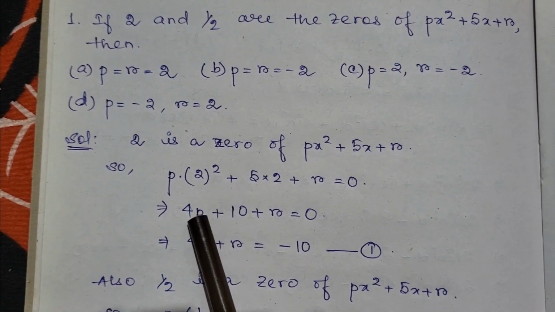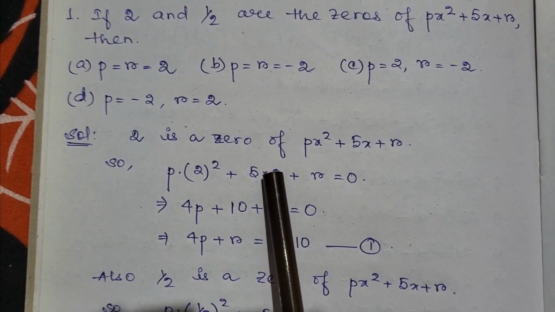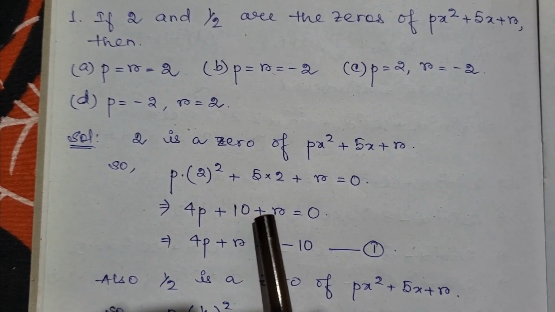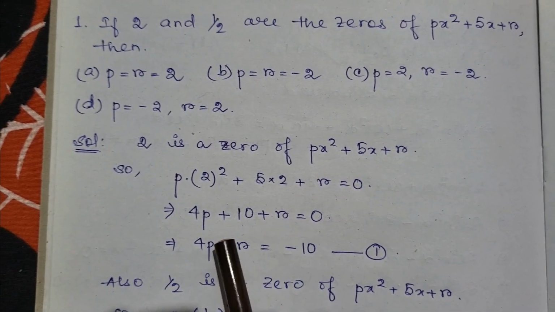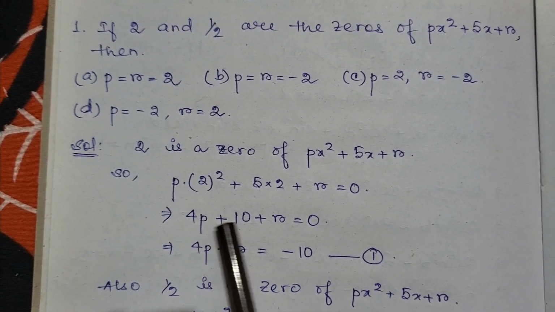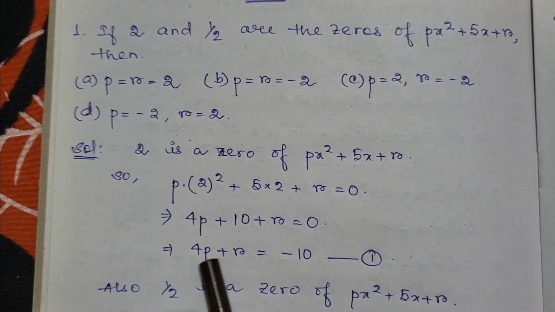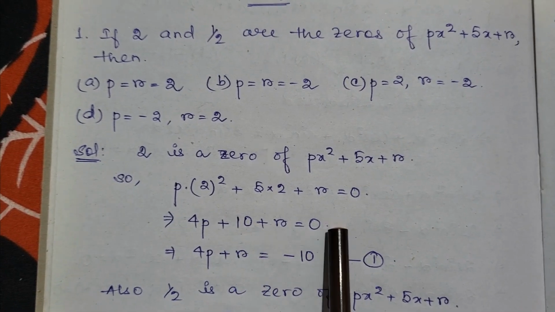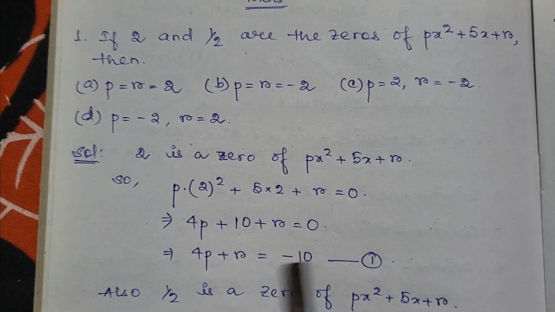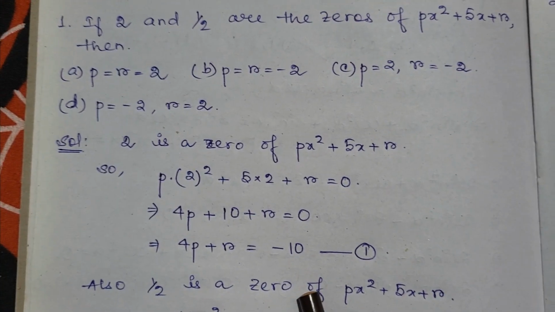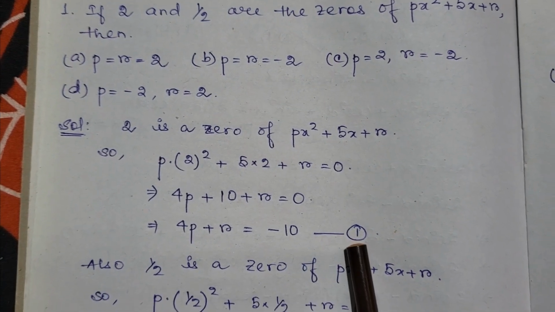So 2 square is 4, so we have 4p plus 5 into 2 is 10 plus r. Keeping 4p and r on the left hand side and taking 10 to the right hand side, we have minus 10 here. Naming this equation as 1.